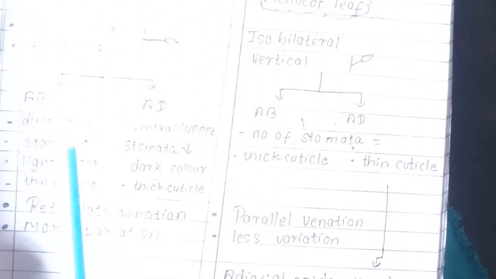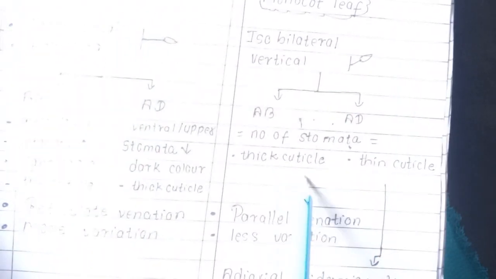And then the abaxial epidermis, this is the lower epidermis. Monocot leaf is isobilateral, it is vertical. The same number of stomata is found in abaxial and adaxial. There is thin cuticle in abaxial of dicot leaf, and there is thick cuticle in abaxial of monocot leaf.